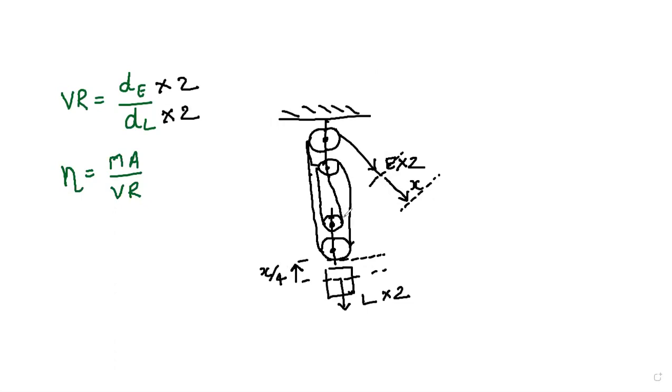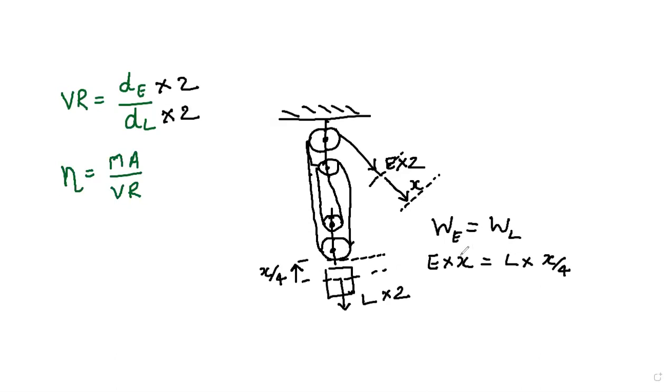The reason being that if you look at the work input, or let's say the work done at the effort side, it has to be equal to the work done at the load side. So E times x has to be equal to the load times x by 4.